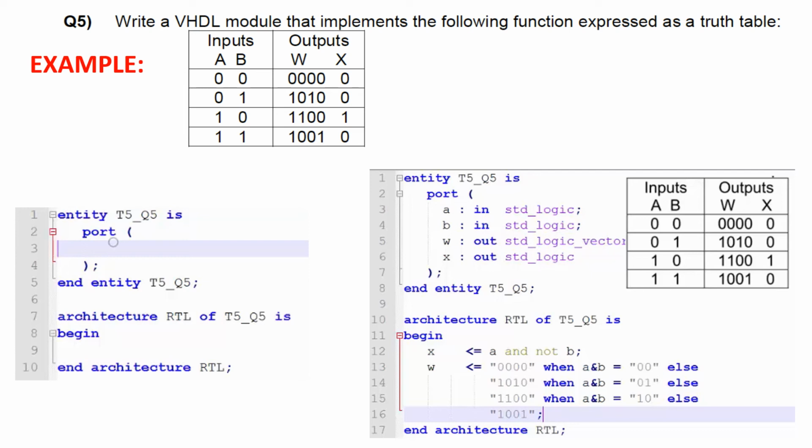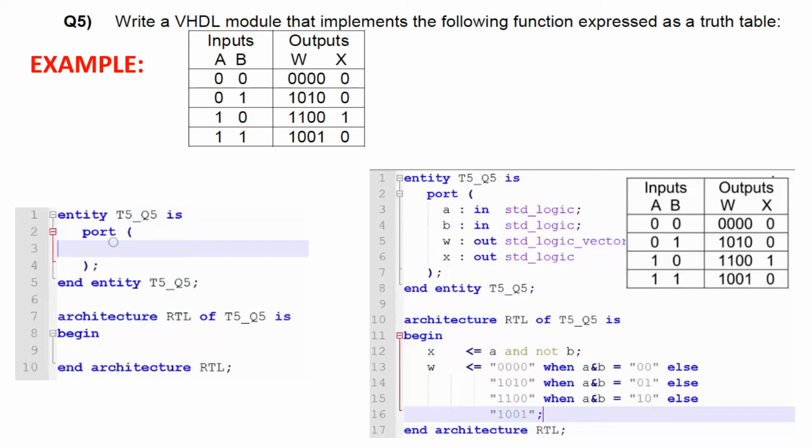So you need to write std_logic_vector, and you need to give the dimension. This is actually 4 bits, so you need to write 3 downto 0. It's not shown here, but you need to write it. And X is a single bit, so you can write it as it is. Okay, so end entity.